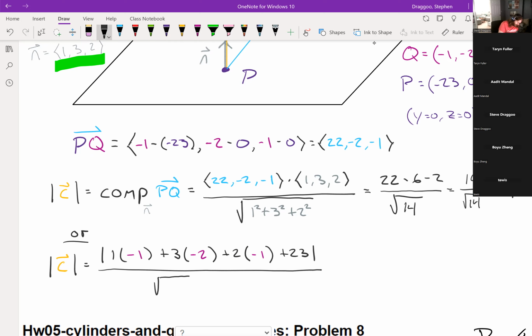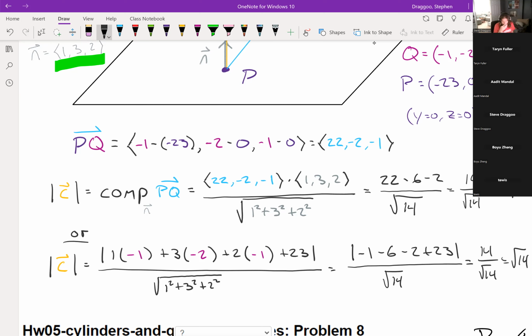That's 1 squared plus 3 squared plus 2 squared. And if we do that whole mess, we're going to get the absolute value of -1 -6 -2 plus 23 divided by the square root of 14, which will again be 14 over root 14, which simplifies to root 14.